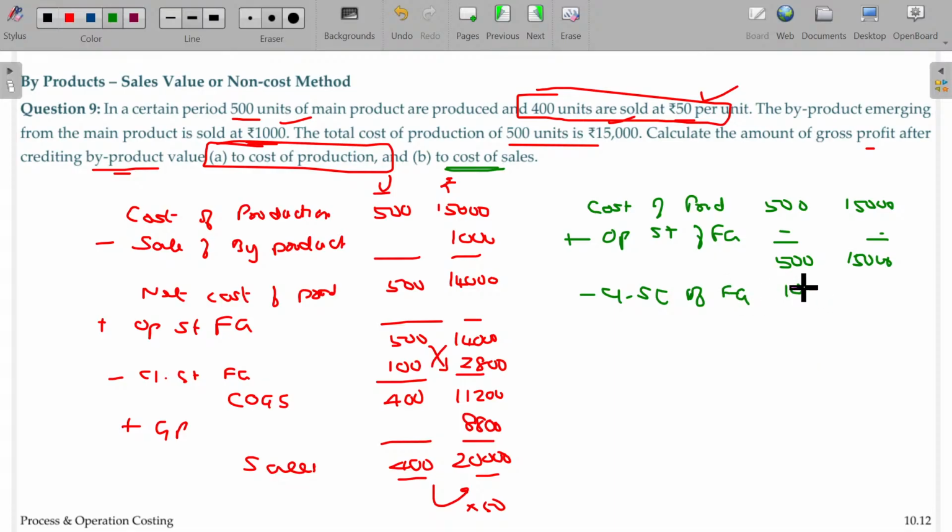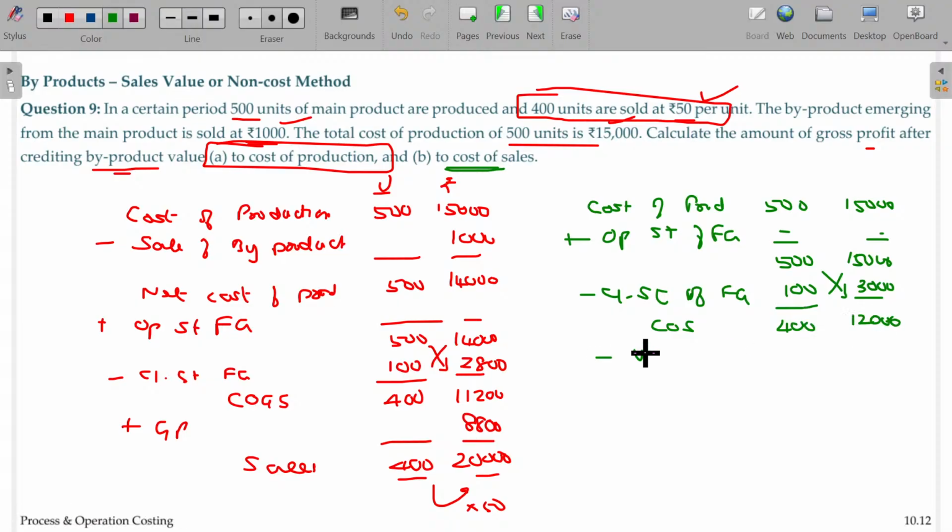How many units? 100 units. 500 units produced at rupees 15,000 means for 100 units, what could be the value? 3,000. So for 400 units, the cost of sales is 12,000.